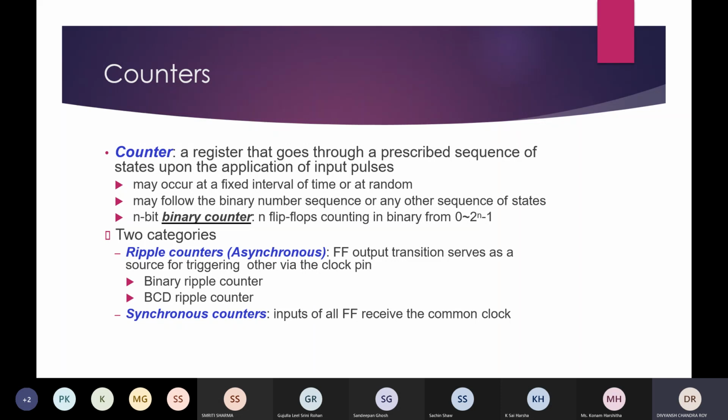Counters can be divided into two categories: asynchronous counters and synchronous counters. The asynchronous counter is also called the ripple counter. In ripple counters, the output of some flip-flops goes to the clock input of other flip-flops, while in the synchronous counter there is a common clock signal for all the flip-flops.